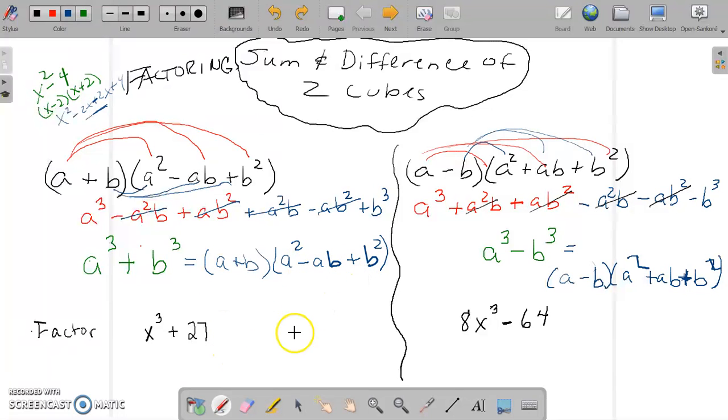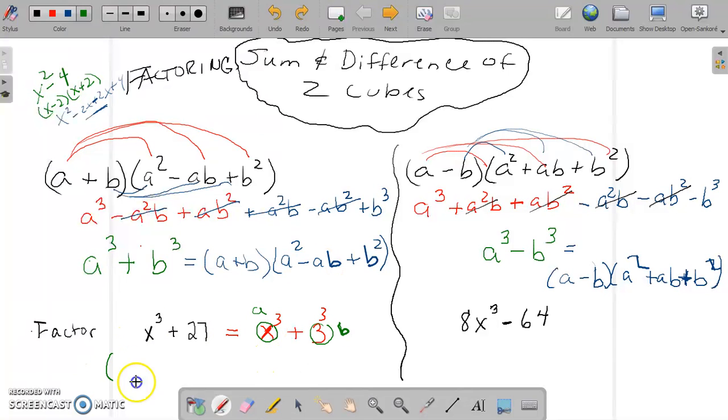When you're factoring these, down here we've got x cubed plus 27. The best thing to do is rewrite it so you have the sum of two perfect cubes. x to the third plus 27 can be written as x cubed plus 3 cubed. So x is your a, and 3 is your b.